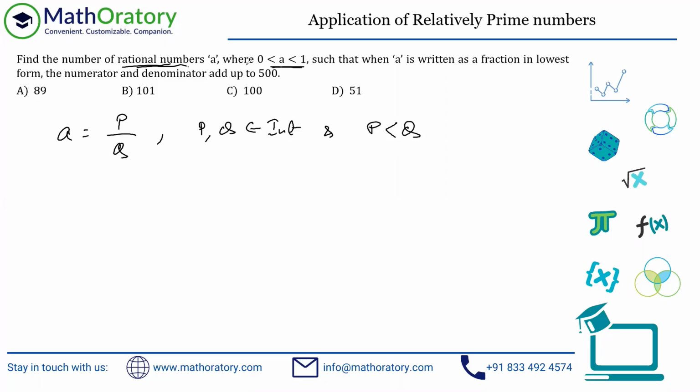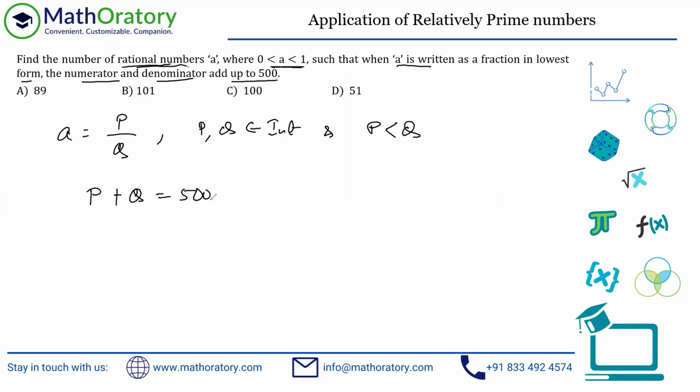P cannot be greater than or even equal to q. So p has to be less than q, such that when a is written as a fraction in the lowest form, the numerator and denominator add up to 500. This is a very good question, actually. The numerator and denominator are p and q, by the way, so p plus q adds up to 500.